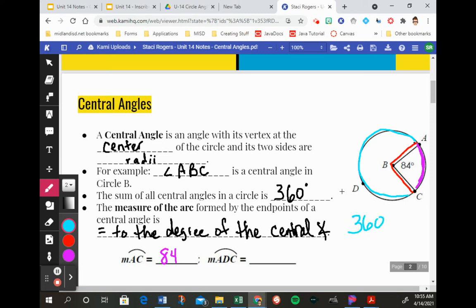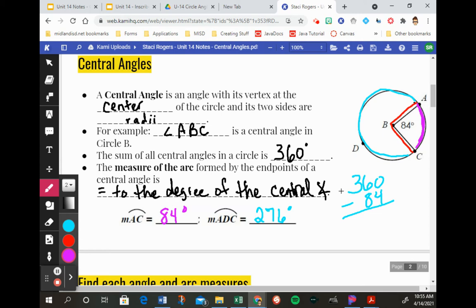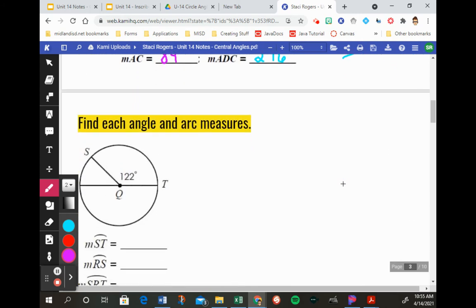So 360 minus 84 is 276 degrees. Okay? So that's not too hard. Let's look at some examples.